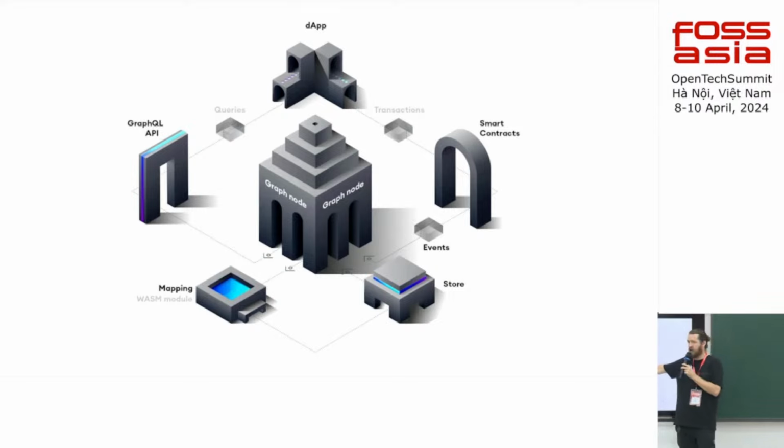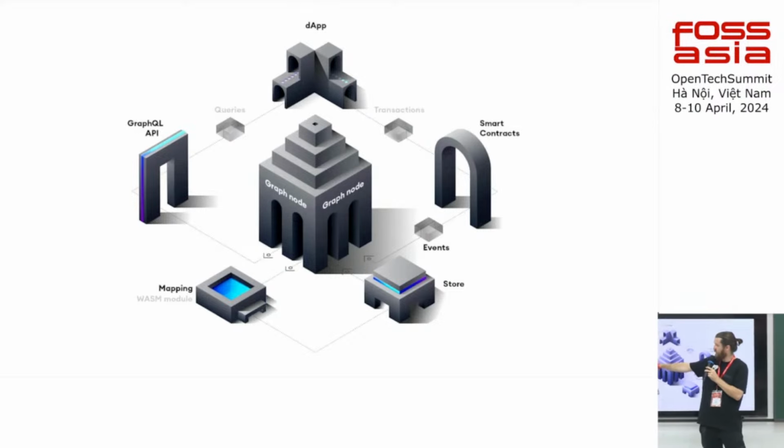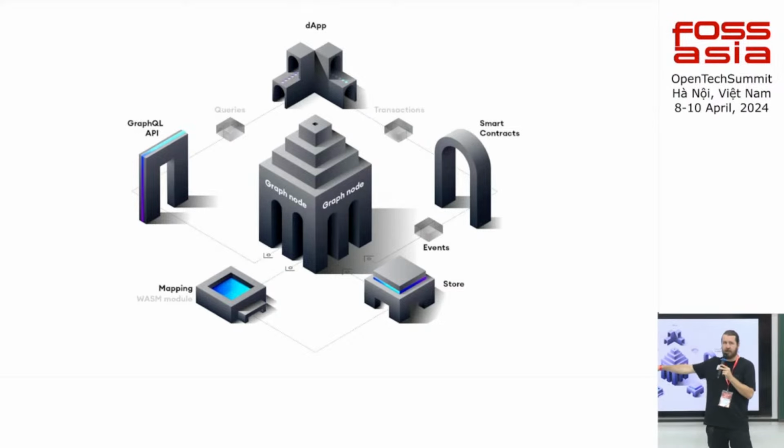You can think of it as similar to the EVM, but it runs a Rust program that is isolated and protected. It runs that data, does what's called mappings inside the WebAssembly, and stores those in Postgres. And then it provides a GraphQL API for your data.